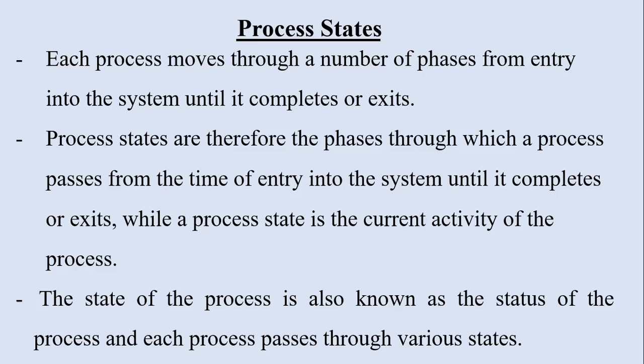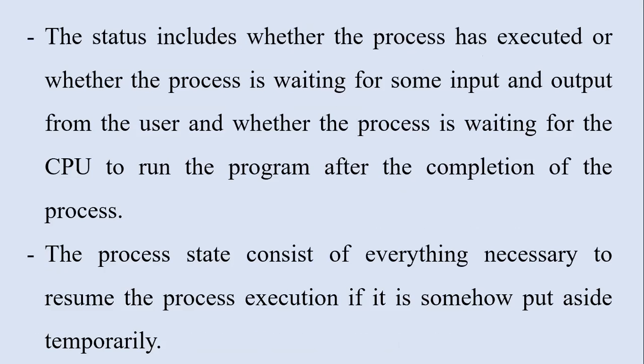The state of the process is also known as the status of the process, and each process passes through various states. The status includes whether the process has executed or whether the process is waiting for some input and output from the user to run the program after the completion of the process. The process state consists of everything necessary to resume the process execution if it is somehow put aside temporarily.